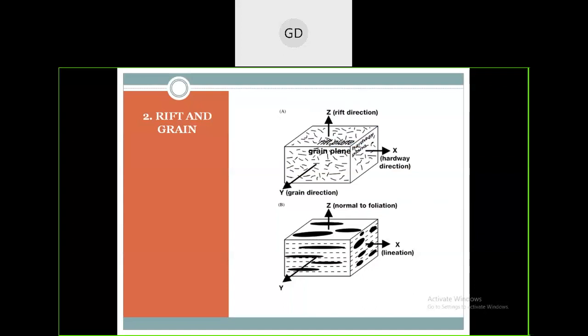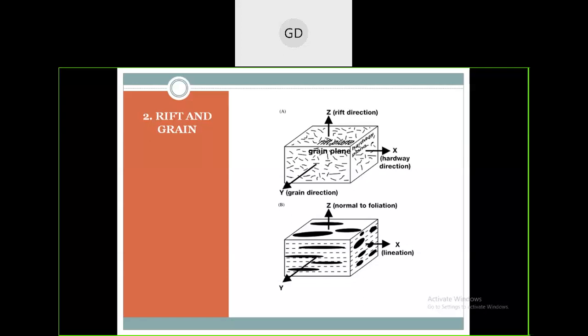Okay, and these give two separate directions, and these are the directions in which igneous rocks can be broken from the main rock body. The rift is perpendicular to the grain direction; you can see it is at a right angle to the rift direction.